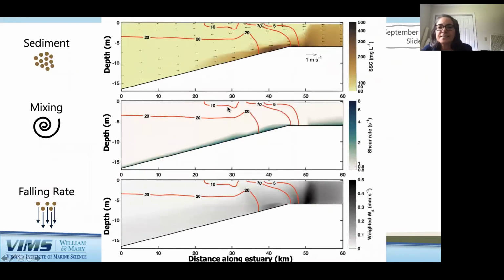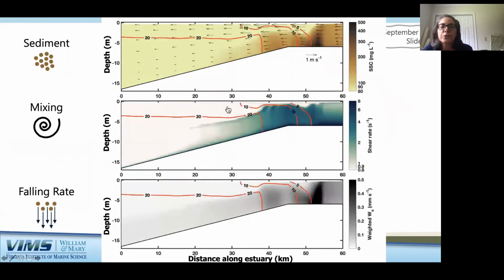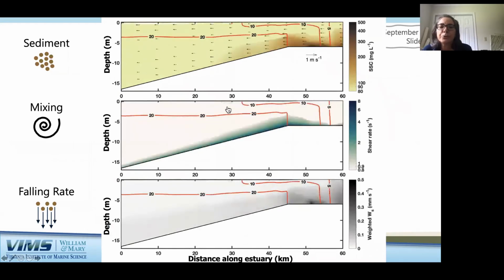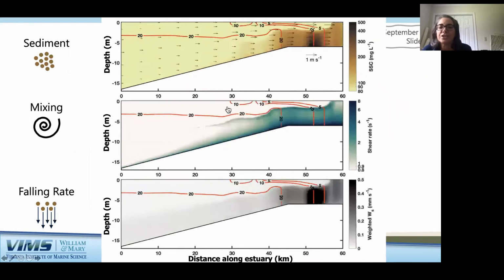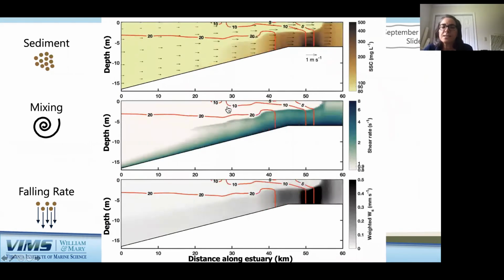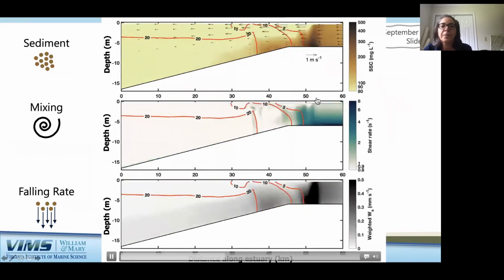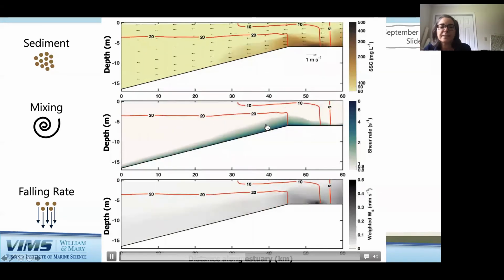And then this is a figure from Danielle Tarpley, who got her PhD from VIMS in 2020. So Danielle included these cohesive processes in a model of an idealized estuary. And what she saw, so the top panel is suspended sediment concentration. The middle panel is the shear rate, showing how energetic the mixing is.